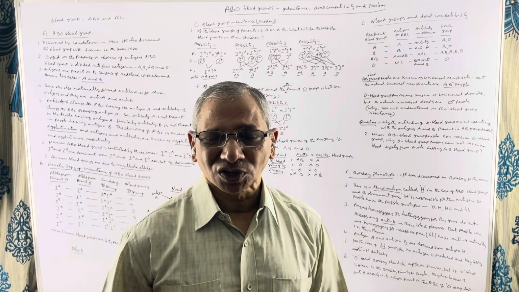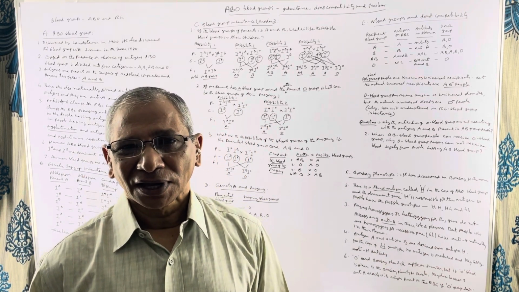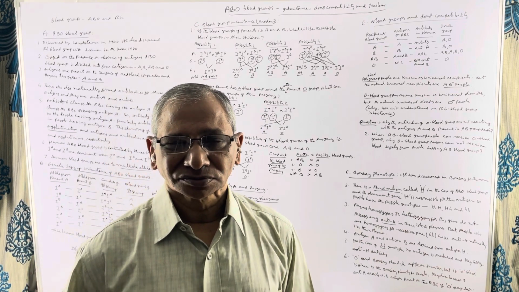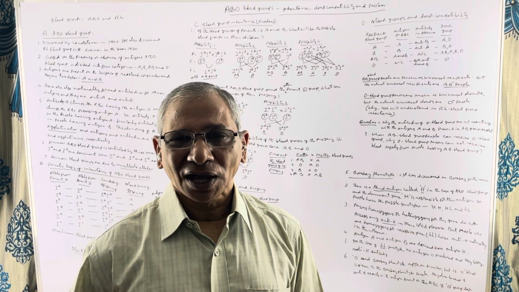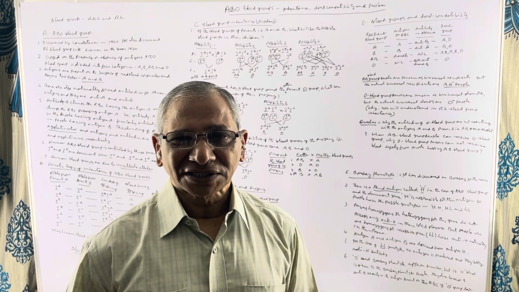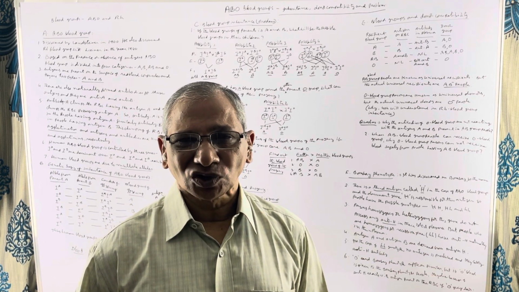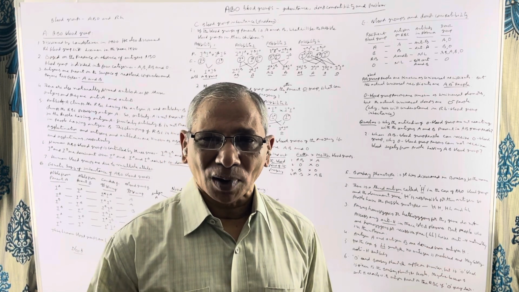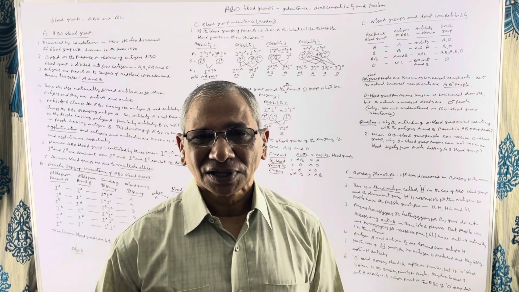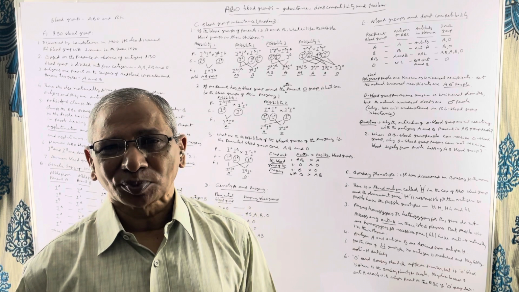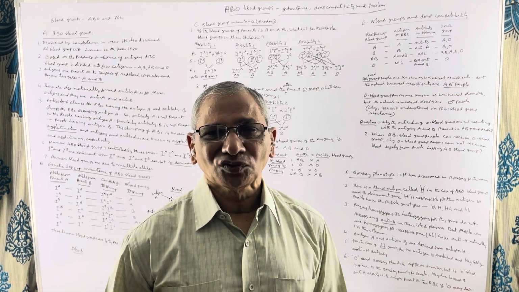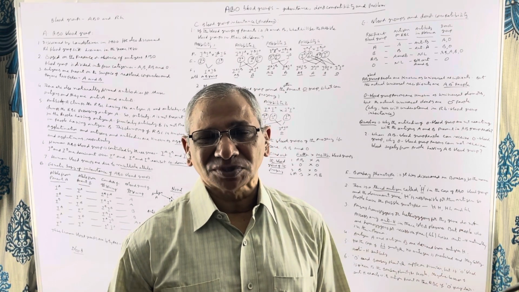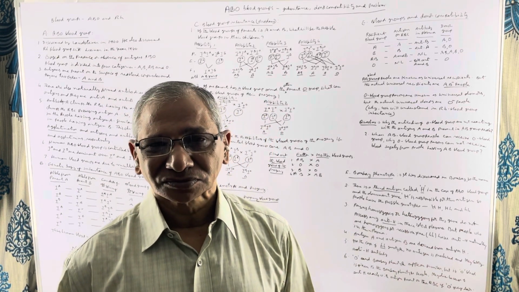So Bombay phenotype people have antibody H in their plasma, and O group people have antigen H in their blood. So if you give O group to Bombay phenotype, what happens? Antigen H present in O group people reacts with antibody H present in Bombay phenotype, and there will be clumping of RBC and it causes death.